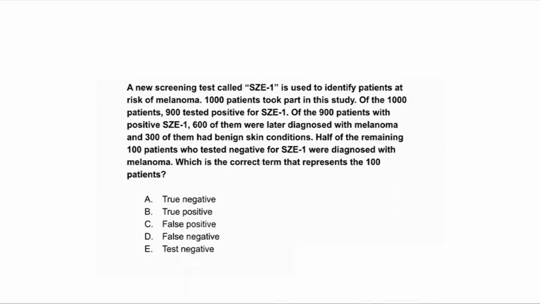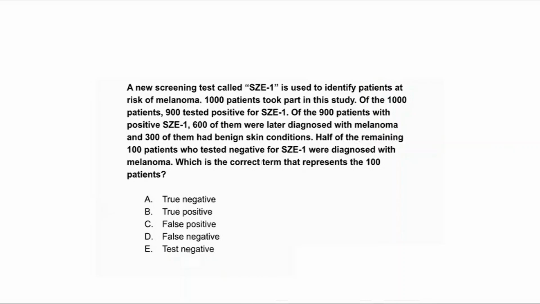Of the 900 patients with the Z1, 600 of them were later diagnosed with melanoma, and 300 of them had benign skin condition. So our true positive is 600 and 300 is false positive.